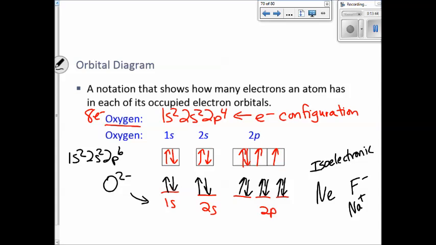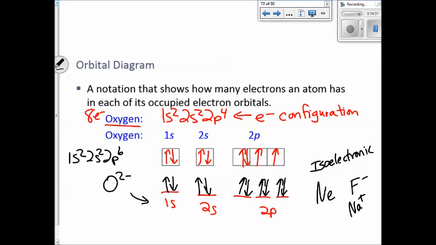Okay? So, keep in mind here, the whole reason why atoms gain and lose electrons is to become what? More like noble gases. Why do we want to mimic and look like the noble gases? Because they are stable.